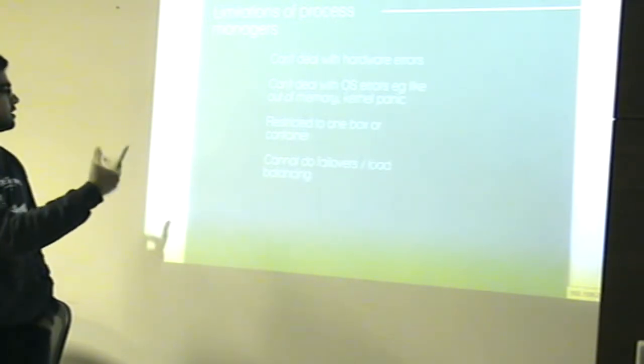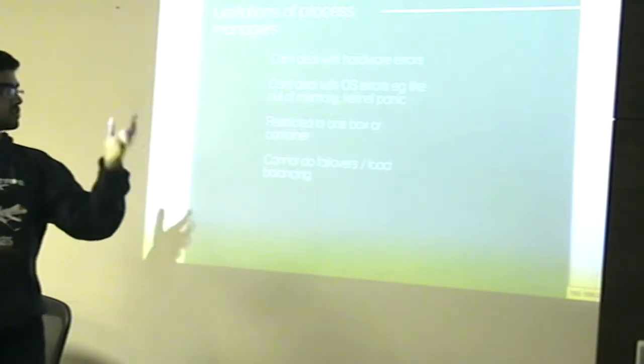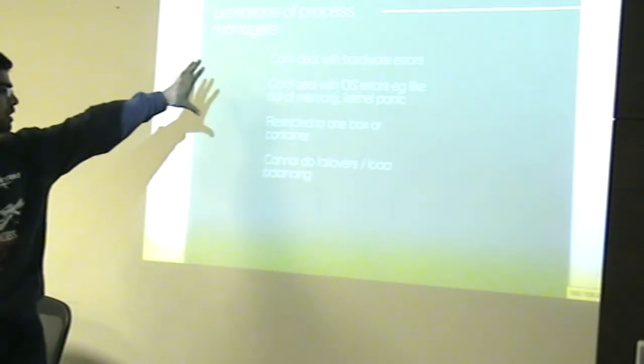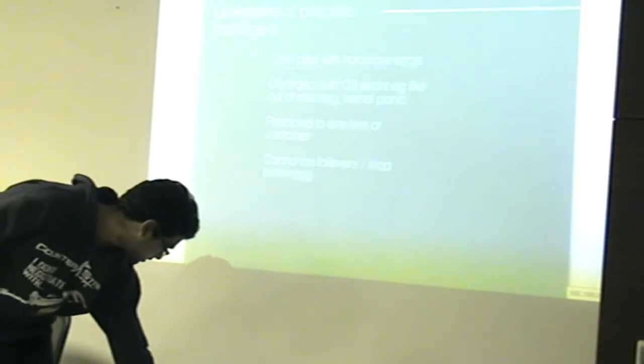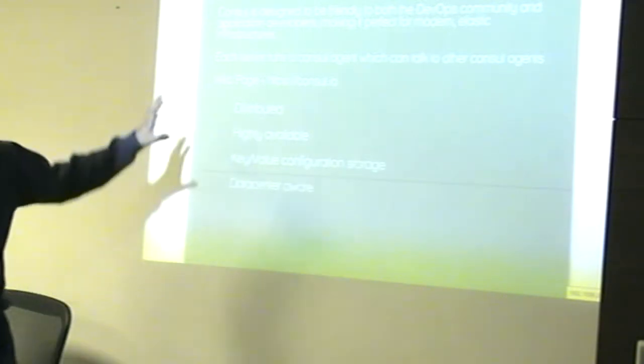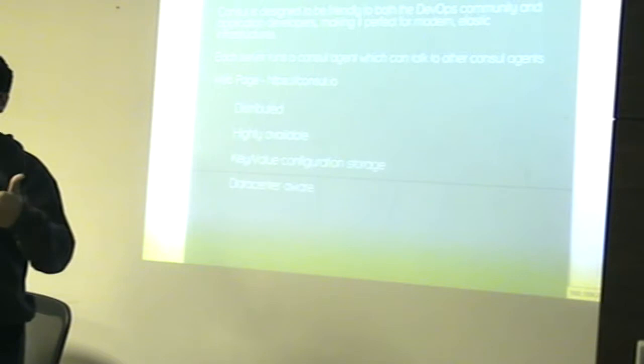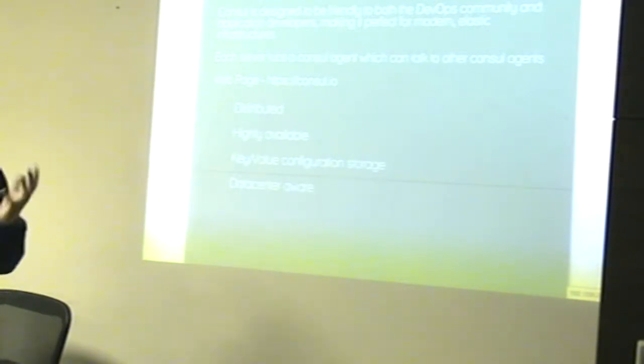It can't deal with hardware errors either. So to overcome those causes of downtime, you have to bring in other tools like Consul. So Consul is the name of the tool. The principle it applies is called service discovery.